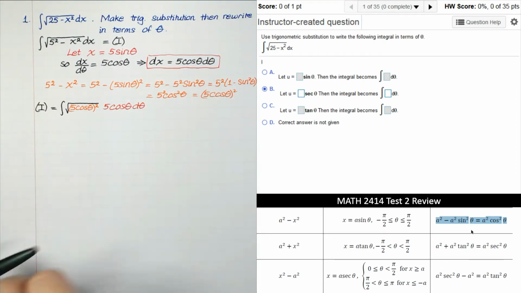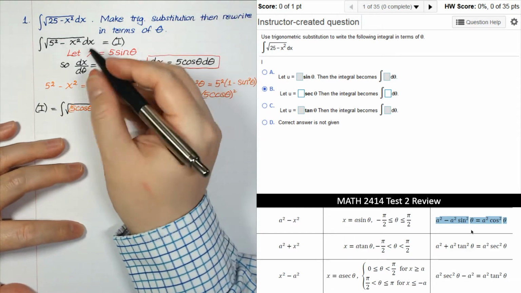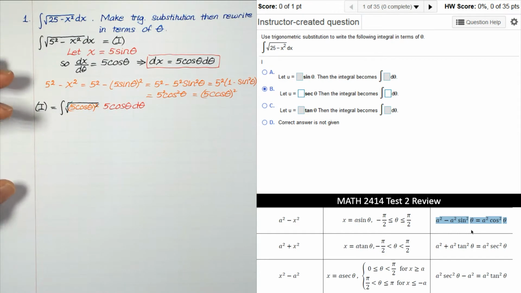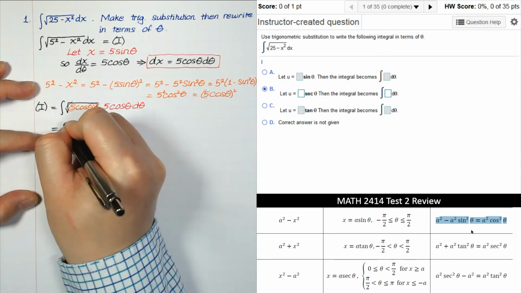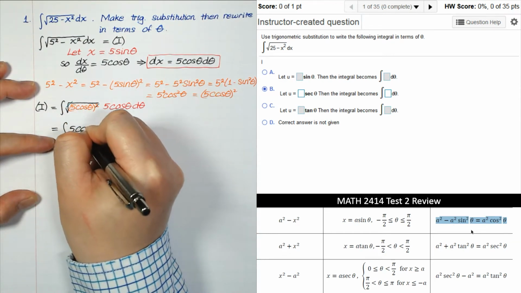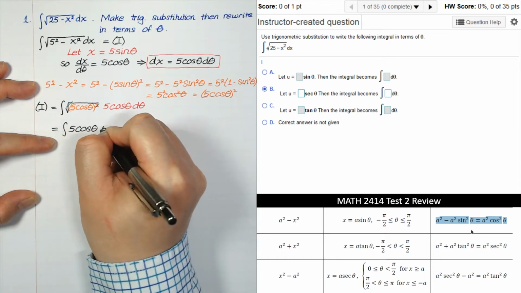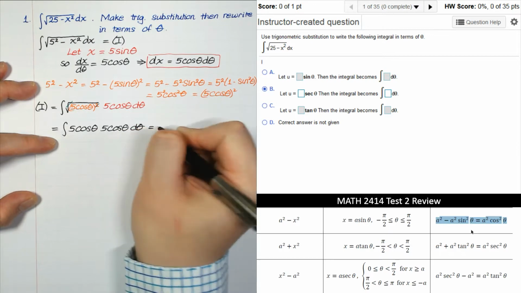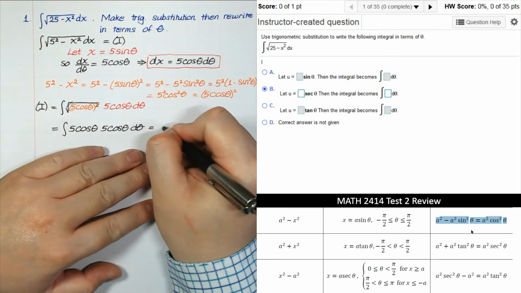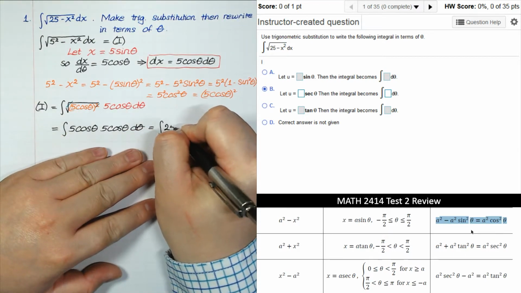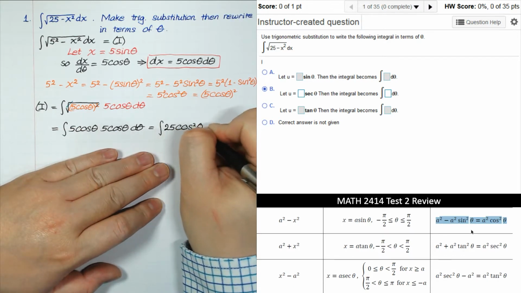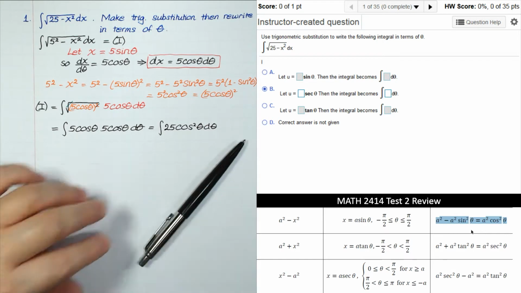And the square and the square root cancel out. So we will have 5 times cosine theta and 5 times cosine theta d theta. 5 and 5 will be 25, and cosine times cosine is cosine squared theta d theta.